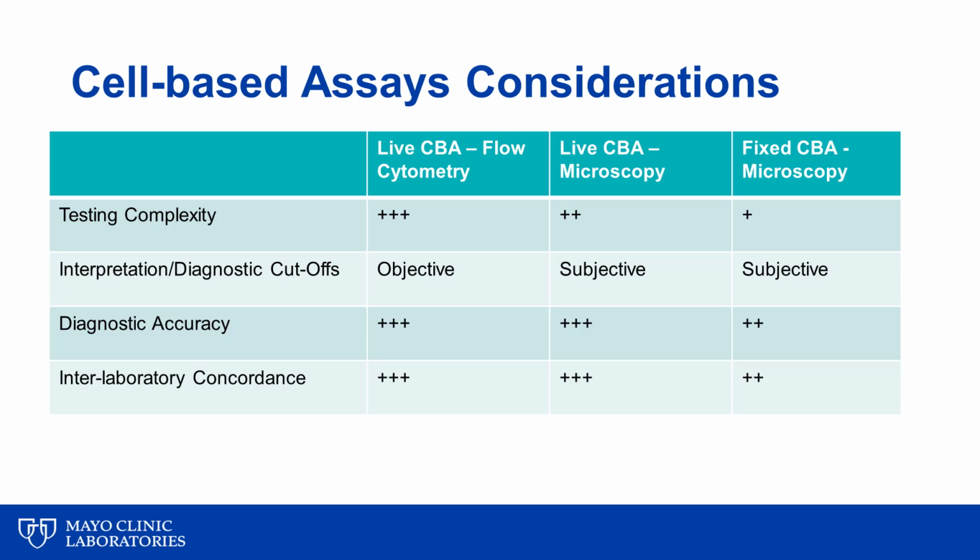Microscopy-based assays that require reader interpretation have a higher degree of subjectivity and can lead to poor inter-laboratory agreement, meaning that for the same sample tested over and over, the interpretation may be different. This can be reduced or eliminated through the use of semi-quantitative flow cytometry-based cell-based assays, such as used at Mayo Clinic for the detection of aquaporin 4 and MOG antibodies.